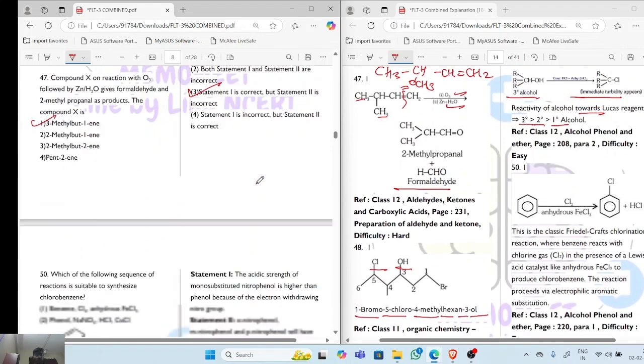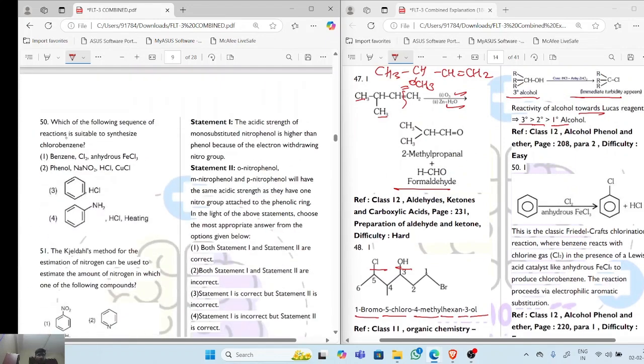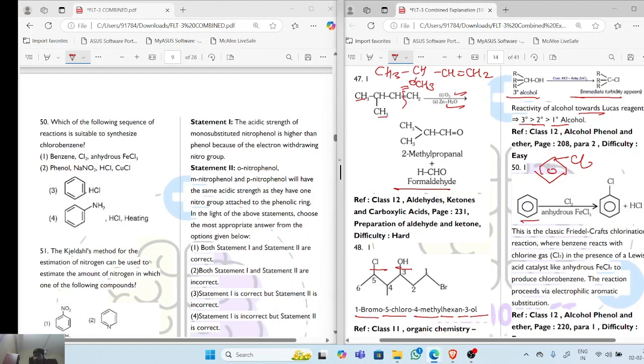Now let's come to question number 50. Which of the following sequences of reactions is suitable to synthesize chlorobenzene? We have to make chlorobenzene. There are four reactions, one of which is benzene, Cl2, and anhydrous FeCl3.